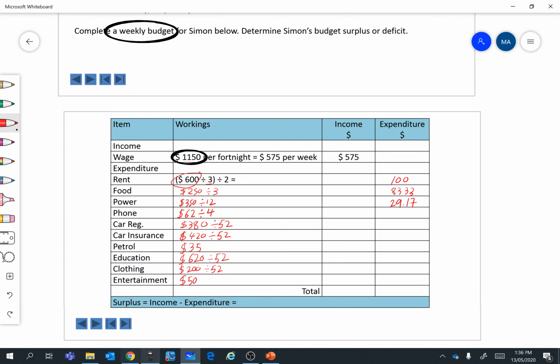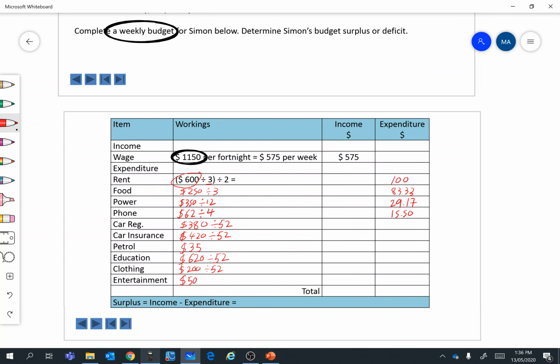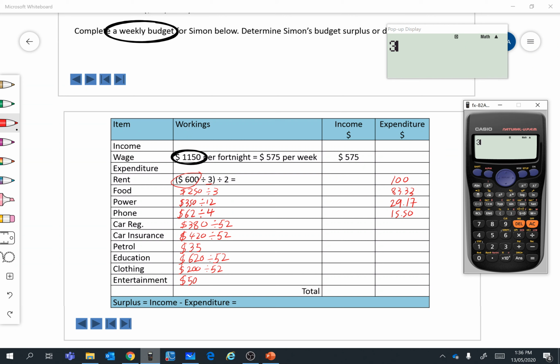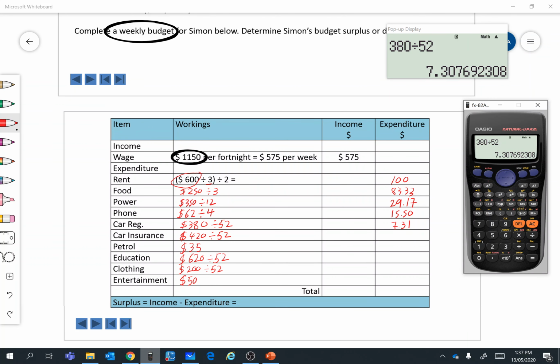Okay, 62 over 4 is $15.50. 380 over 52 is $7.31 to the nearest cent. So we go to 2 decimal places with money, just round to the nearest cent. 420 divided by 52 is $8.08.